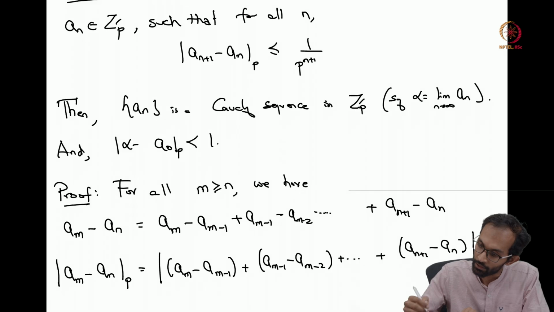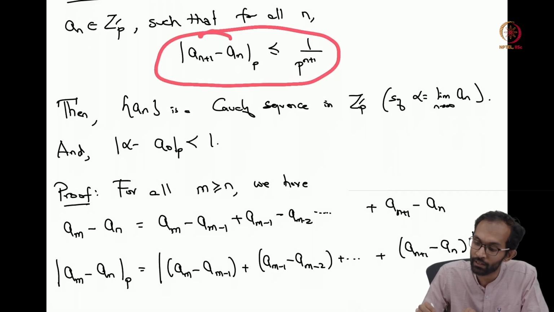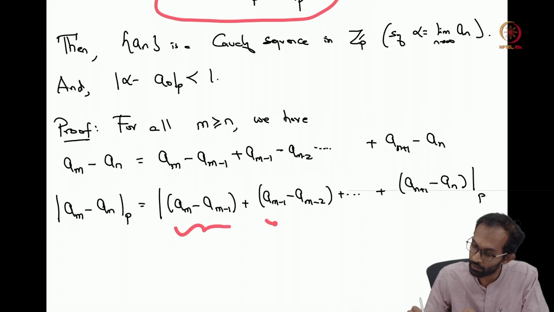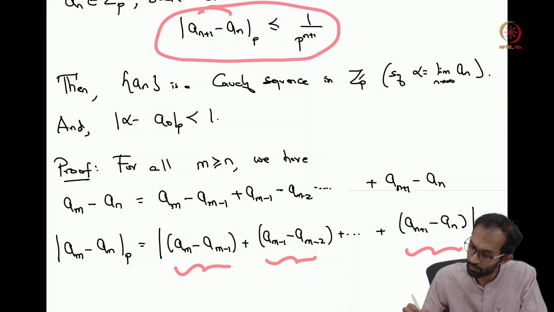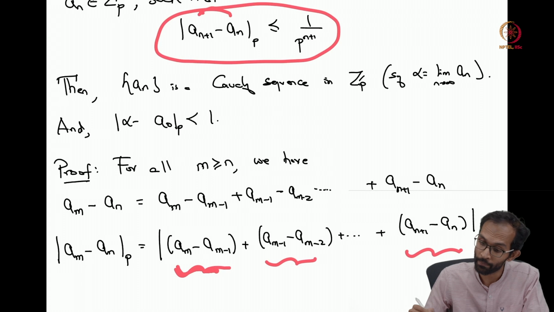Okay. So the hypothesis that I have is that if I take two successive terms, take the difference and compute the p-adic absolute value, that's less than or equal to 1 over p to the n plus 1. So I've grouped these terms together, and so now I have a handle on the p-adic absolute value of these differences.